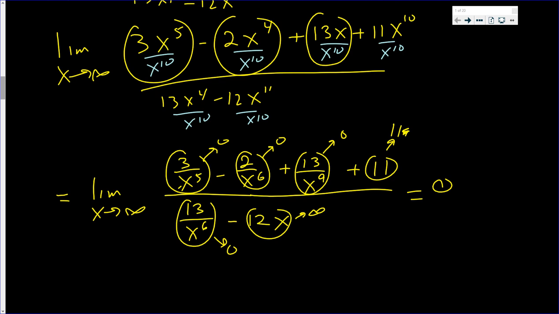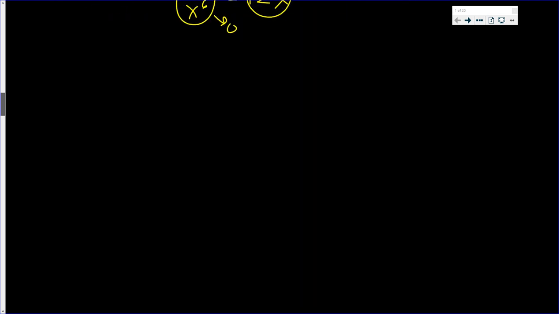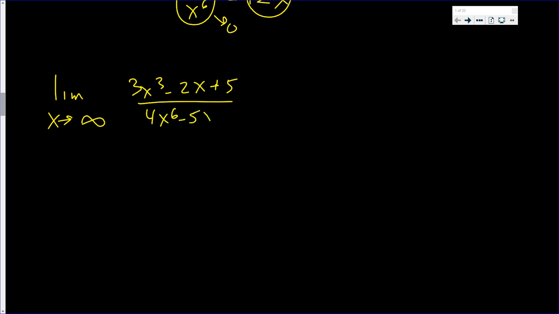I showed my work. Let us try another problem where we show our work. Suppose we want the limit as x goes to infinity of 3x cubed minus 2x plus the number 5 all over 4x to the 6th minus 5x cubed plus 2.